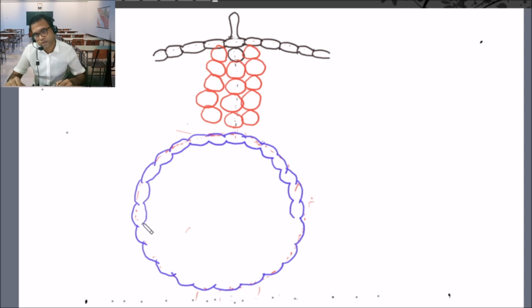In this layer Casparian strips are present. And this section is known as separation discs of endodermis.